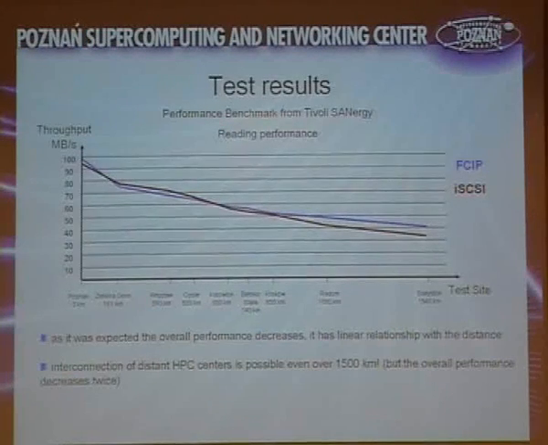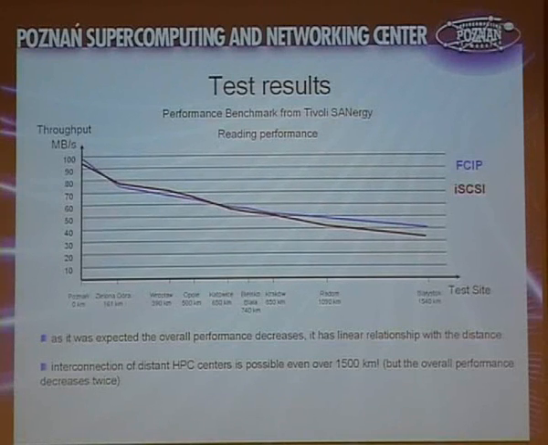Okay, now I'm going to present some selected results from our tests. Here is the first result, reading performance measured with Tivoli Synergy Performance Benchmark Util. During our tests, we found that, as expected, the overall performance decreases.